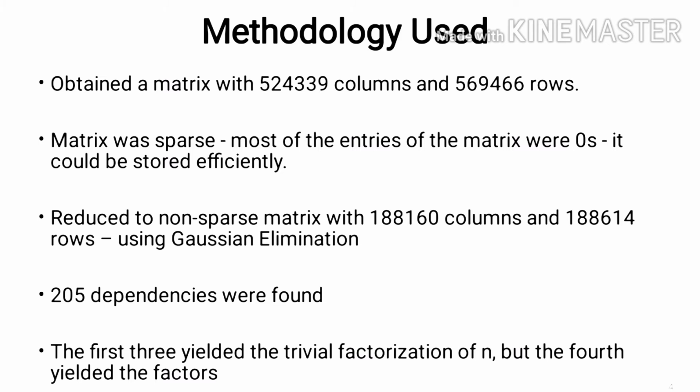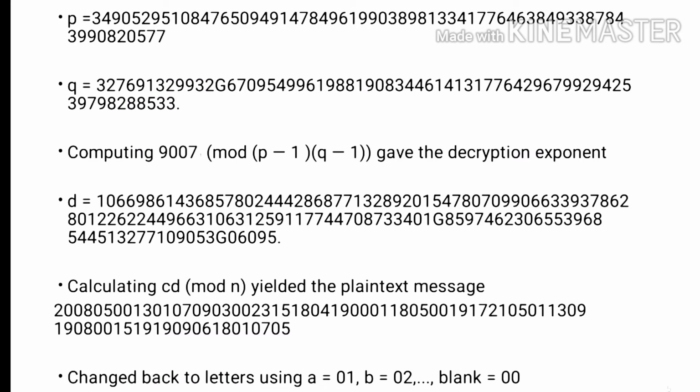After a few computations, they found 205 dependencies. The first 3 yielded the trivial factorization of n, but the fourth yielded the factors. Ultimately, the problem was solved and the values of p and q, namely the factors of n, were as shown here.